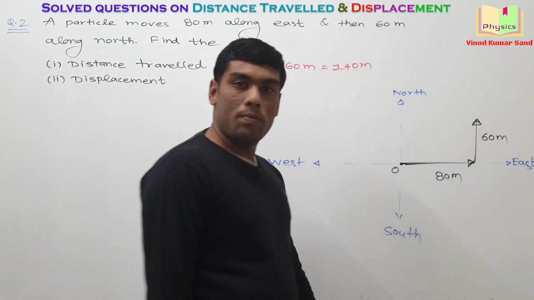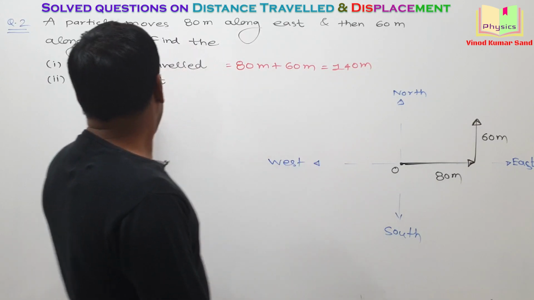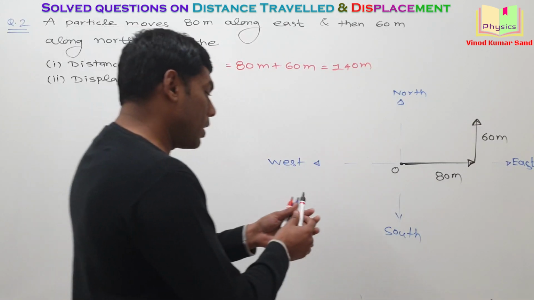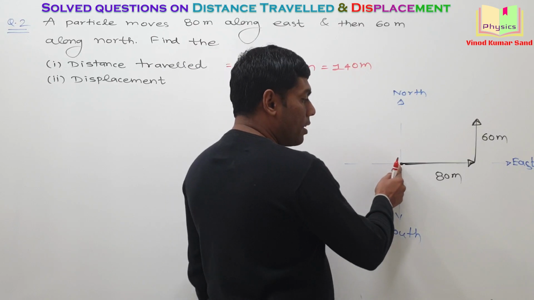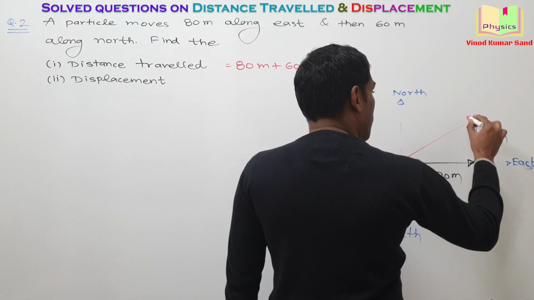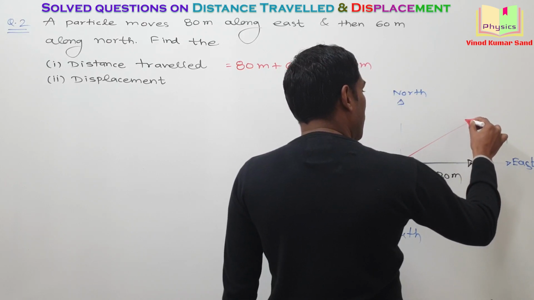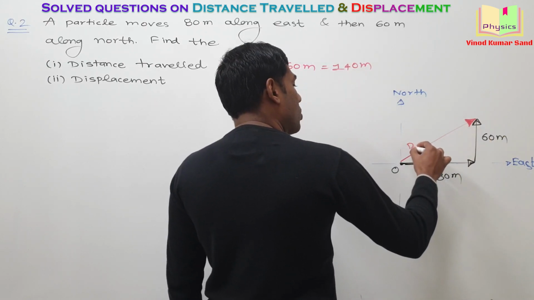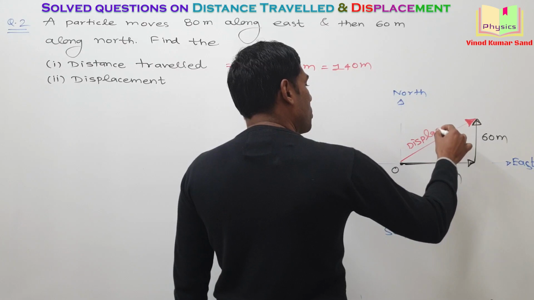Do you agree? We need the displacement, which is a vector quantity which is directed from the initial position to the final position. So this red vector, this red arrow is actually the displacement.